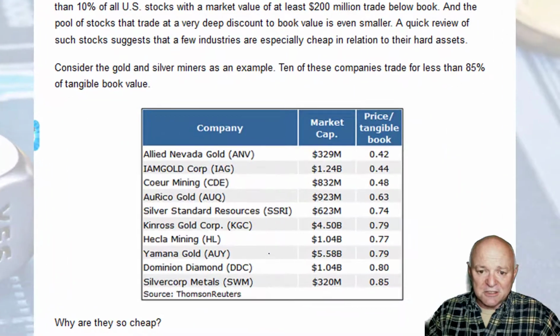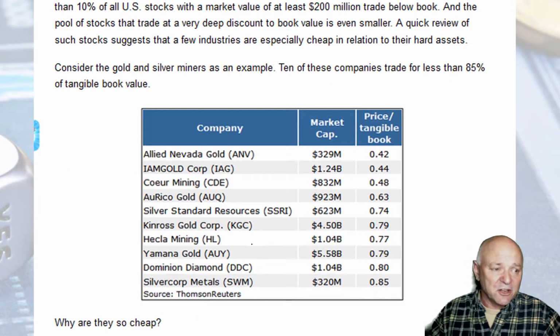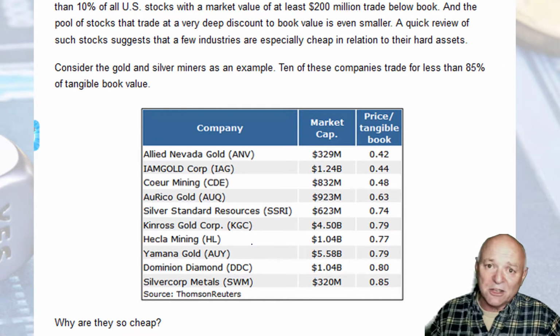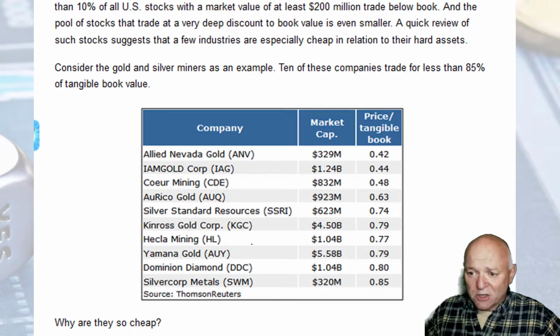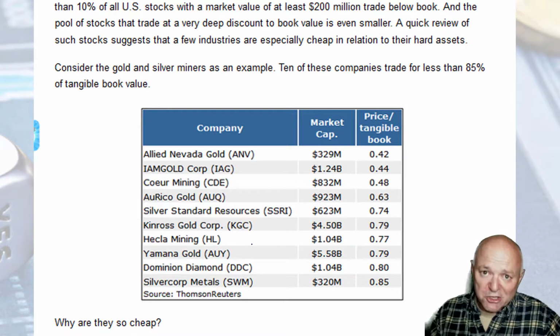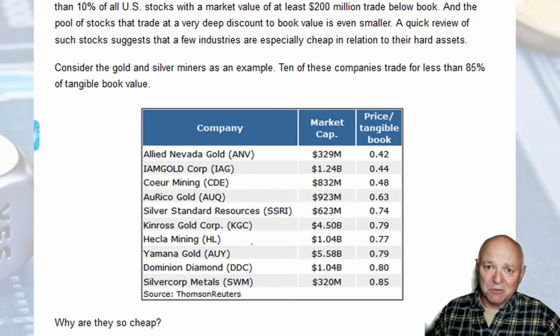And in this case, this article tells us, take a look at these companies. They have a low Tobin's Q, or a low market to book value ratio, as low as 0.42. It suggests that the company's share price is only 42% of its asset value, the replacement value of the assets in the business.